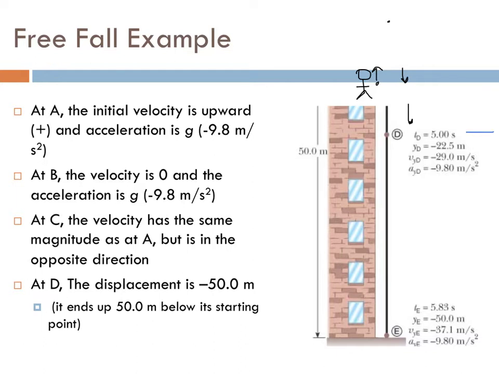We are now at a displacement of negative 22.5 meters from where we started. That means we are 22.5 meters below where we started. Again, we have a negative right here. This tells us that we are moving downward.